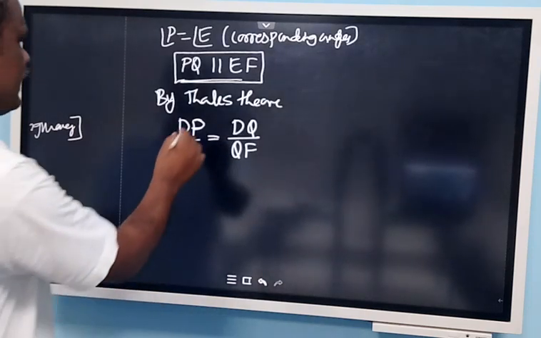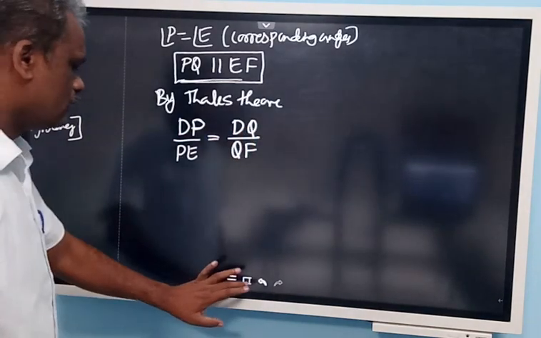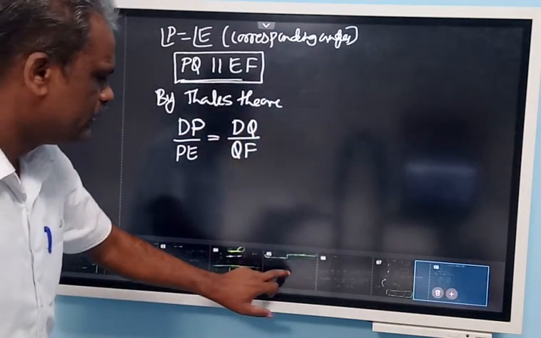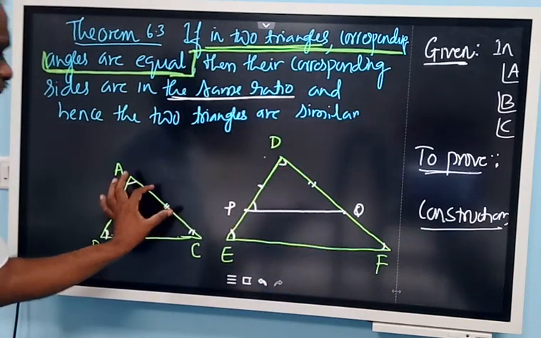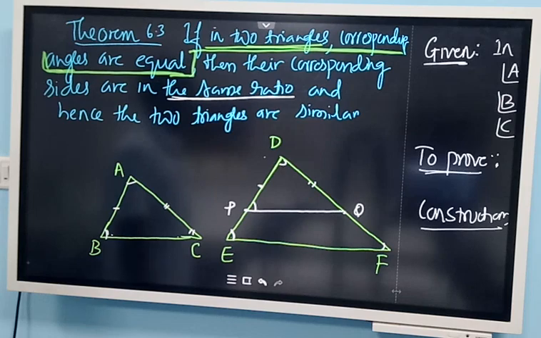But here DP and DQ are nothing but AB and AC. DP is nothing but AB, DQ is nothing but AC. Isn't it?